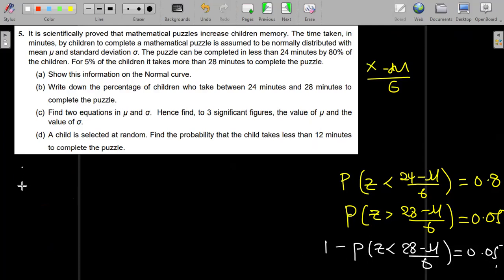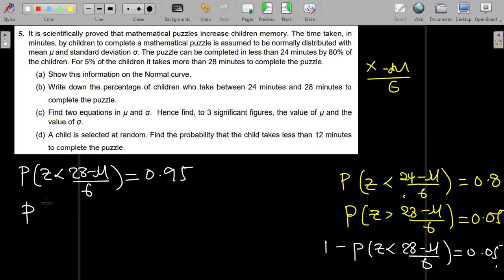So I just have probability z is less than 28 minus mu over sigma is equals to 1 minus 0.05, which is just 0.95. Okay, and then from this one, it is z less than 24 minus mu over sigma is equals to 0.8.